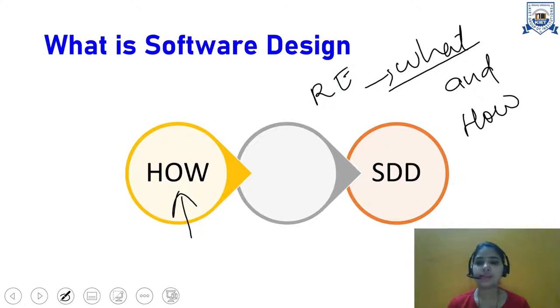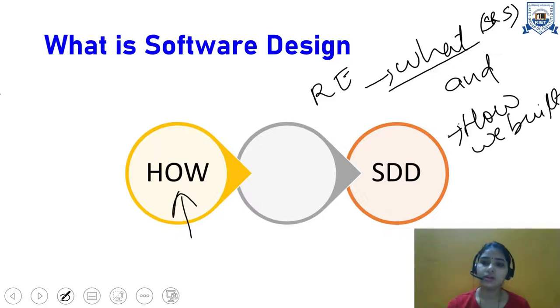That answer is given by the SRS document in the requirement engineering. And how we build the system is answered in the software design. The question is how we build, and the answer is the SDD, the software design document.